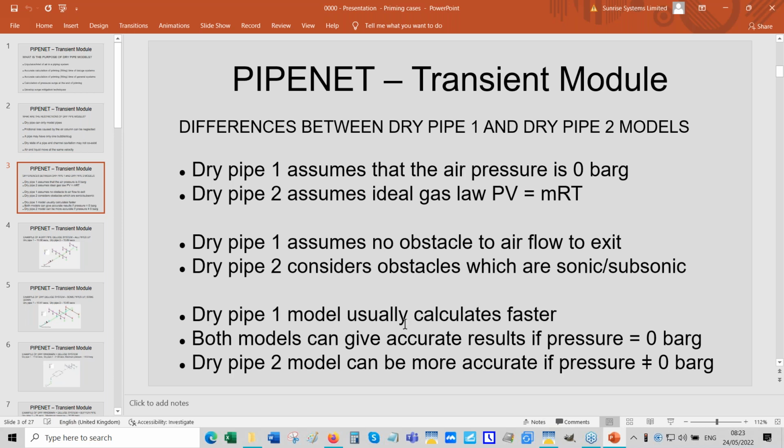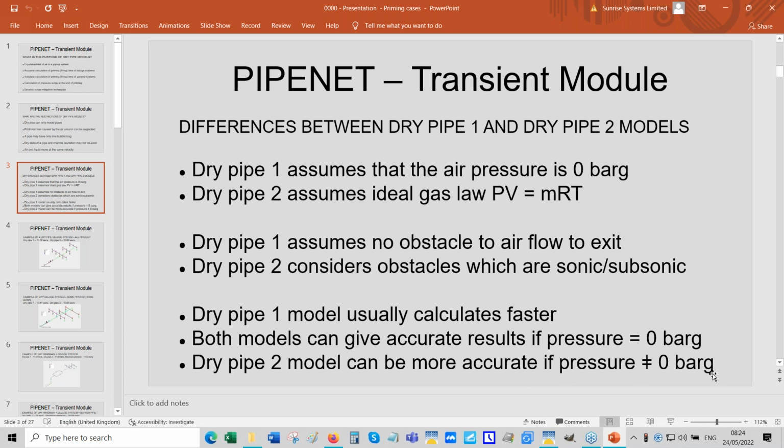The dry pipe 1 model is usually faster because the model, you can see, is much simpler. And both models, of course, can give accurate results if the pressure is approximately 0 bar gauge. However, the dry pipe 2 model can be more accurate if pressure is not equal to 0 bar gauge.